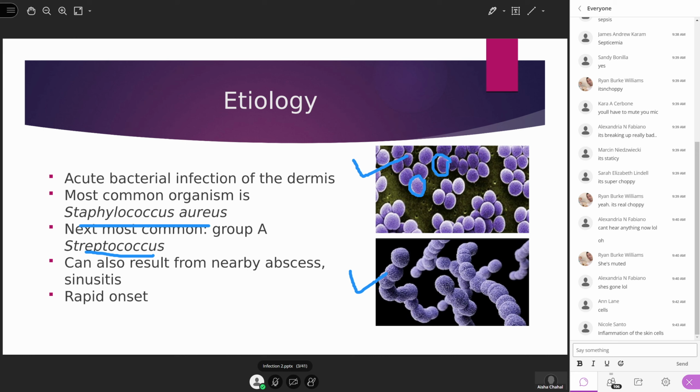What is impetigo? Anybody know? Probably all have seen that, just the terminology. Yes, it's little ulcers that you have seen on the face, around the mouth.